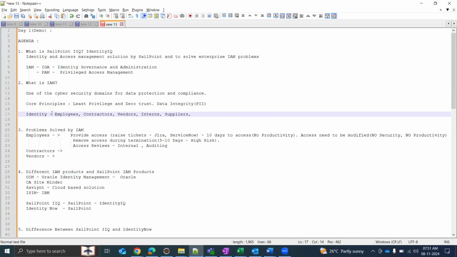To recognize him digitally, we gather a few details of the user, like his first name, last name, email ID, mobile number, address, and we put that together to uniquely identify that person in our system. So that unique record is nothing but identity. Okay. So these are the human beings who work for the organization. And identity is not just limited to humans. We have some non-human identities also.